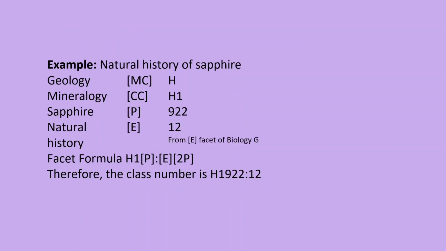In a similar way, here we synthesize the colon number for the subject natural history of sapphire, and we find it H1922 colon 12. Here, for natural history, the notation is to be obtained from the energy facet of the main class biology as instructed.